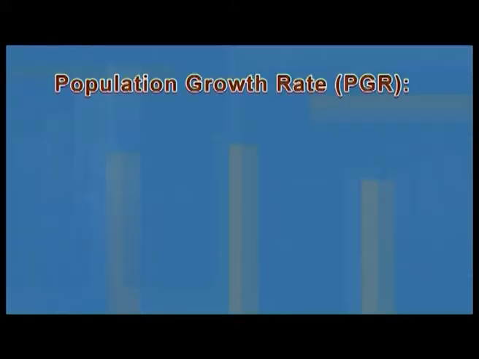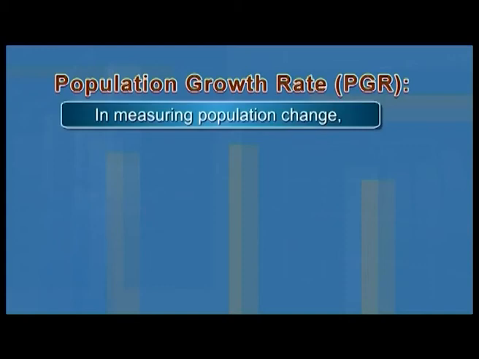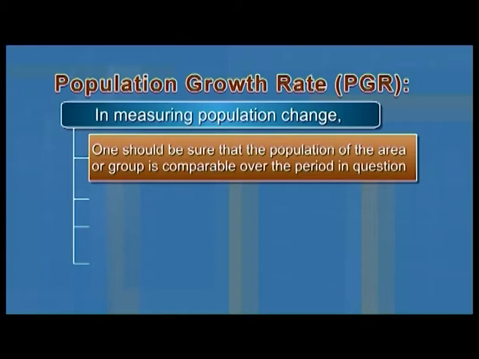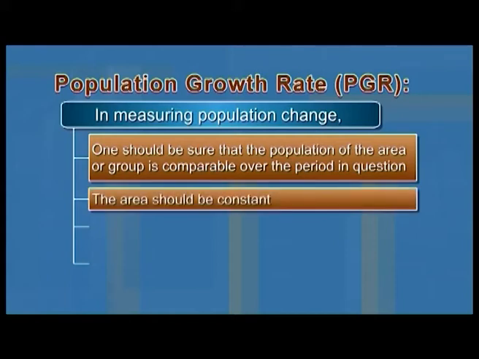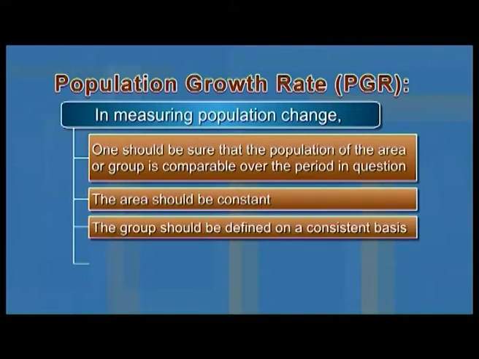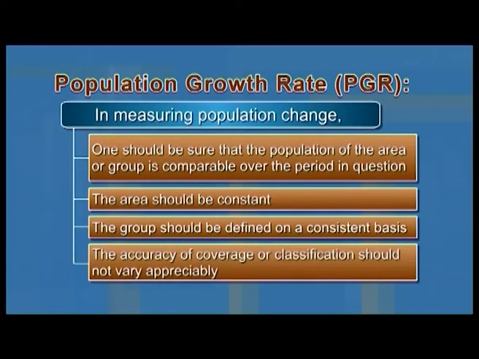Population growth rate. In measuring population change, one should be sure that the population of the area or group is comparable over the period in question. The area should be constant. The group should be defined on a consistent basis. The accuracy of coverage or classification should not vary appreciably.